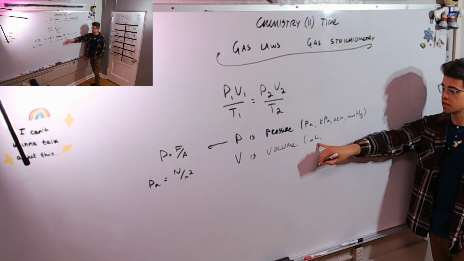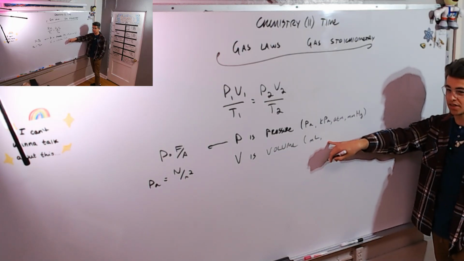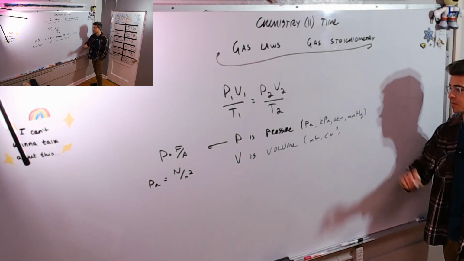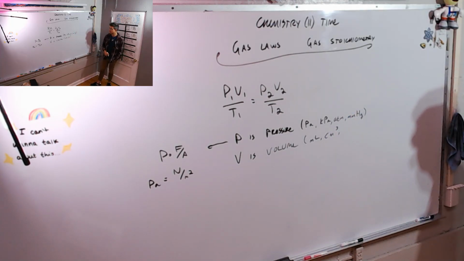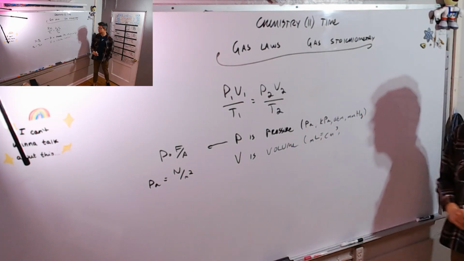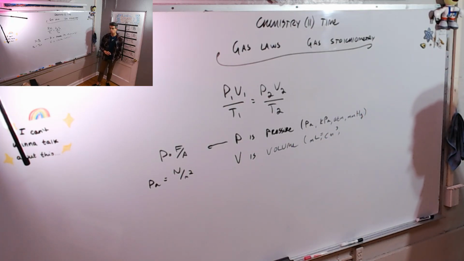What's another one though? Okay, cubic centimeters, which is the same thing as milliliters, by the way. These two things are equal. What else? Bigger one.